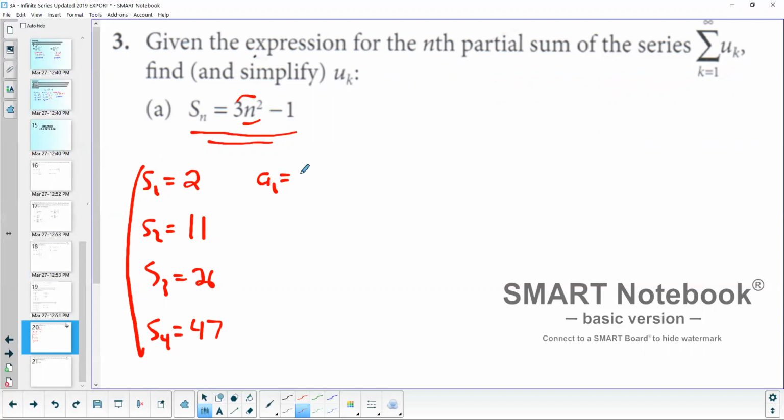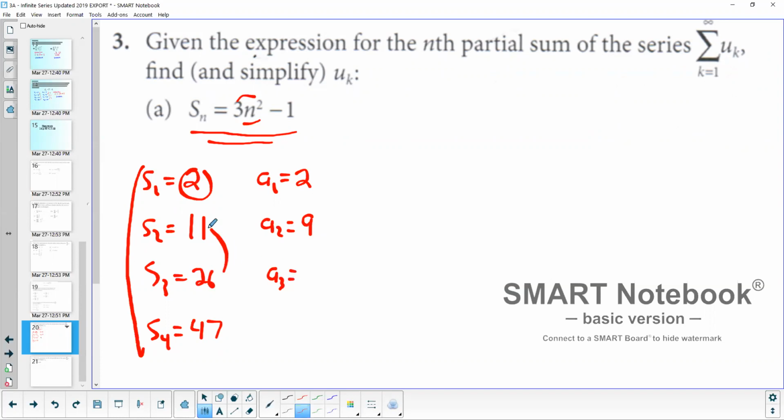I know the first partial sum is the first term, which is 2. The second partial sum is the sum of the first two terms. So if I know the first term is 2 and the sum of the first two is 11, that tells me that the second term in the series is 9, because 2 plus 9 gives me 11. Basically, you're just finding the difference between the partial sums, and that will give you the next term in the series.